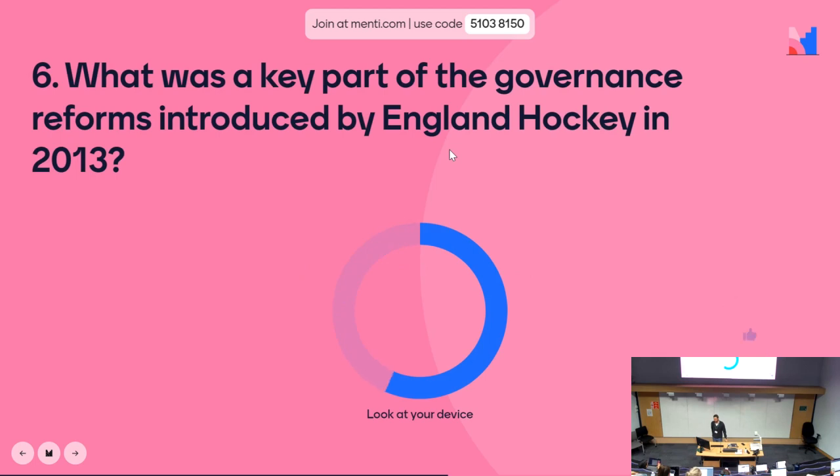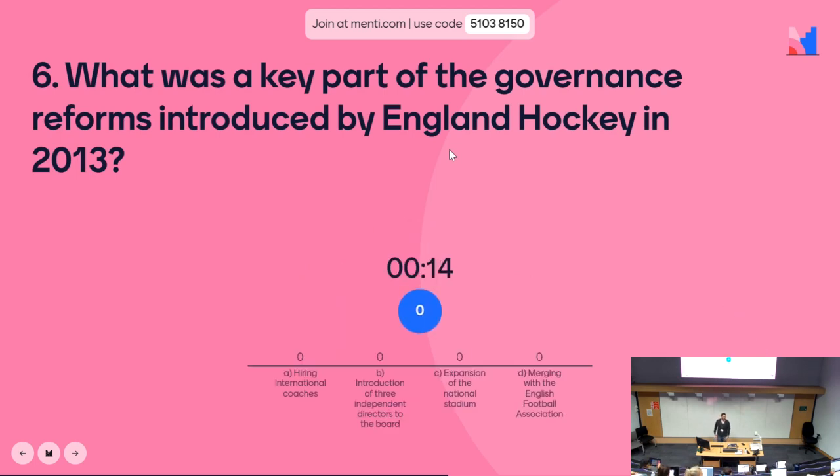What was a key part of the governance reforms introduced by England Hockey in 2013?